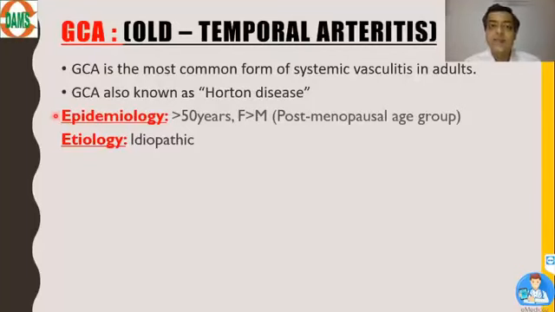So Harrison mentions in volume 1, there is a chapter on headache. And in that headache chapter, it is written that when an elderly, that is post-menopausal female, comes with headache, please consider diagnosis of GCA. So it is that important to us.